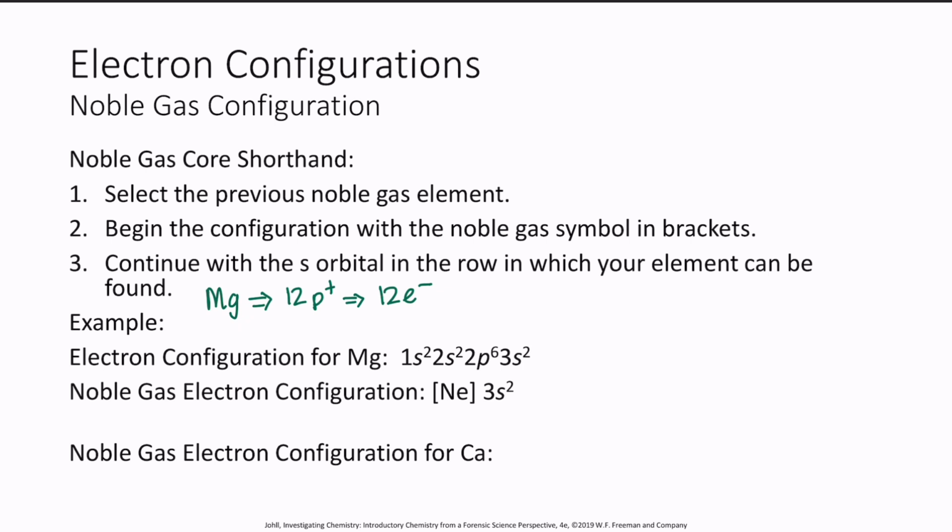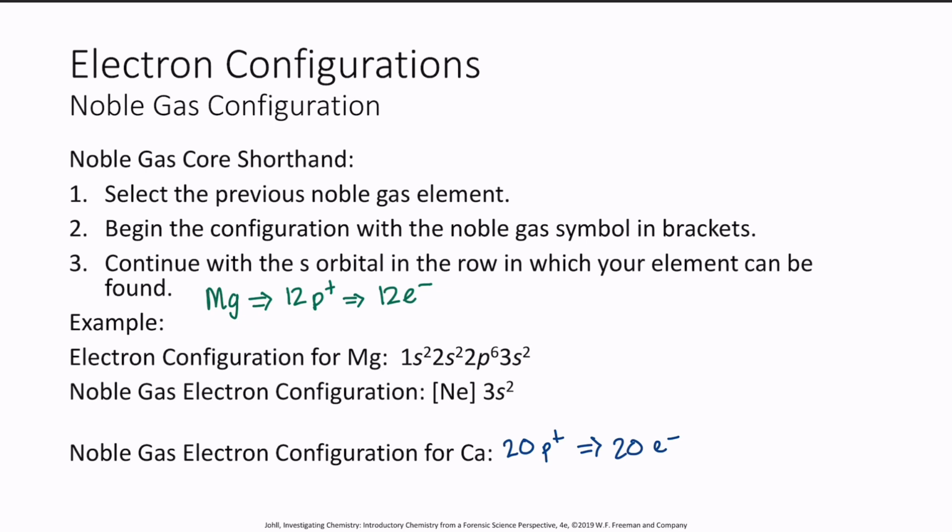Try for calcium. Go ahead and identify where calcium is on your periodic table. Yeah. What is the atomic number? Yes. So calcium has 20 protons, which means it has 20 electrons.